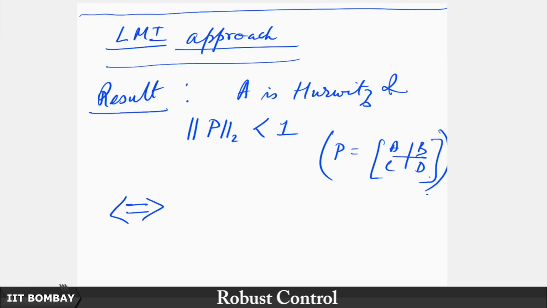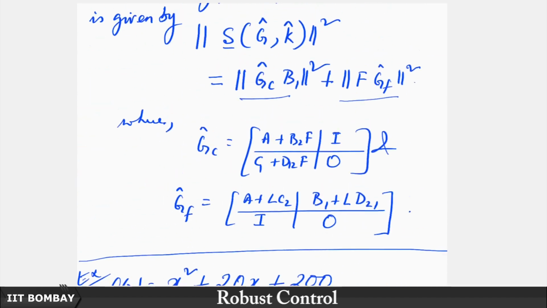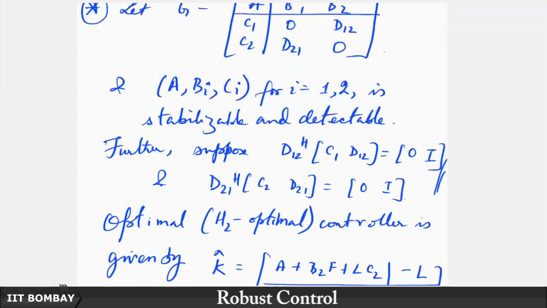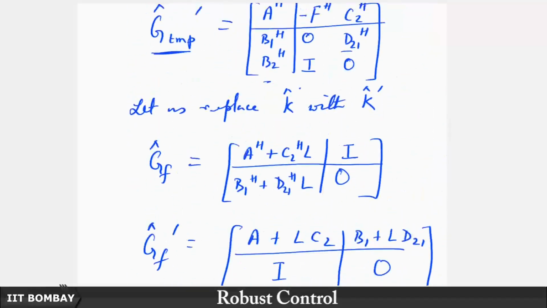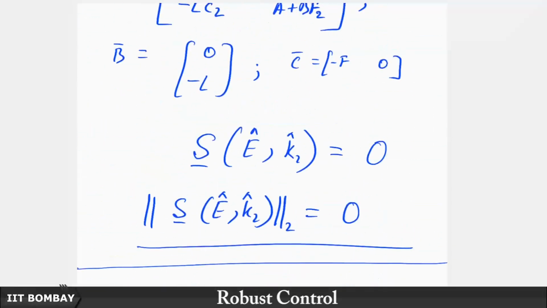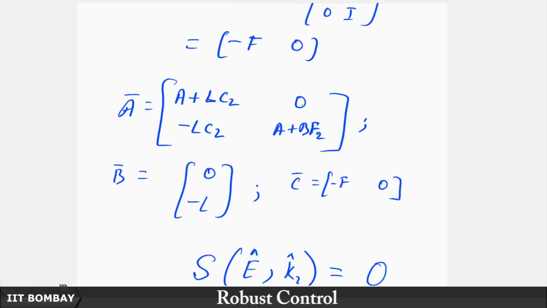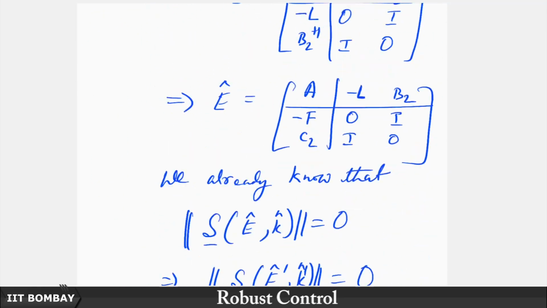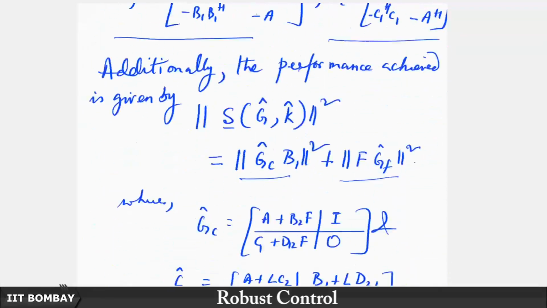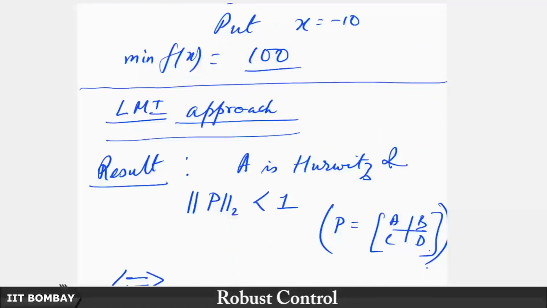because look, this is all that we want to do. Through all this minimization problem and everything that we have done, this has throughout been our goal that this A matrix had better be Hurwitz, that is it is internally stabilizing, and we want to minimize some performance norm. And you might say, okay, then what is so special about 1? There is nothing really special about 1.